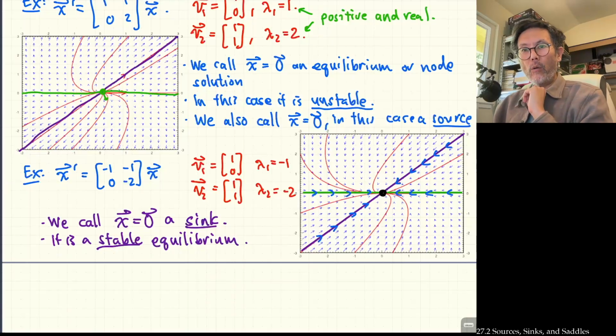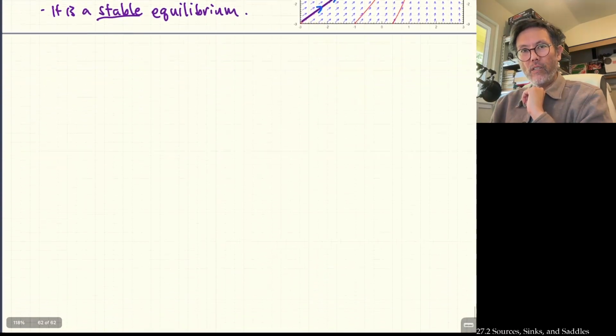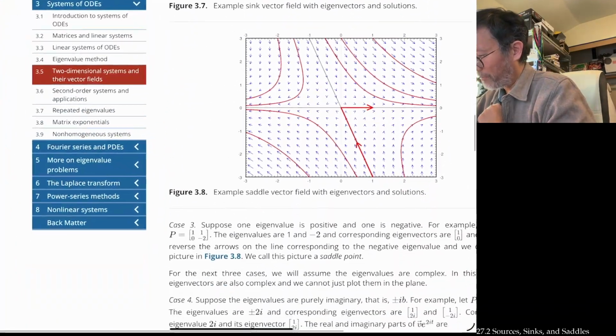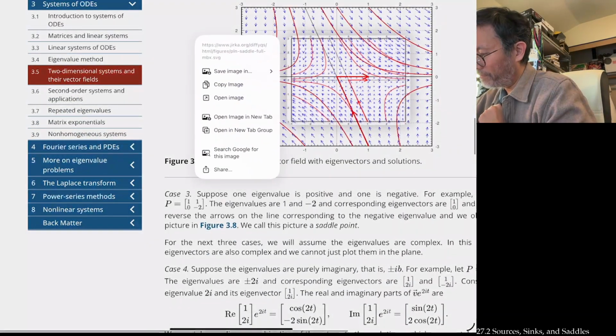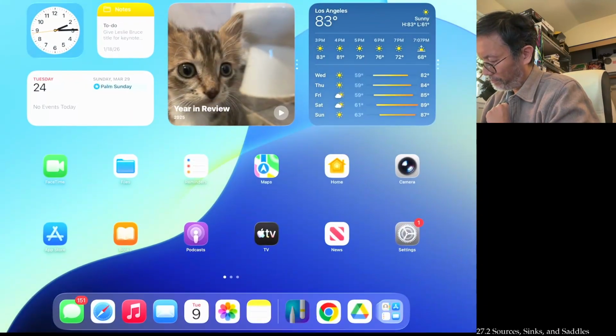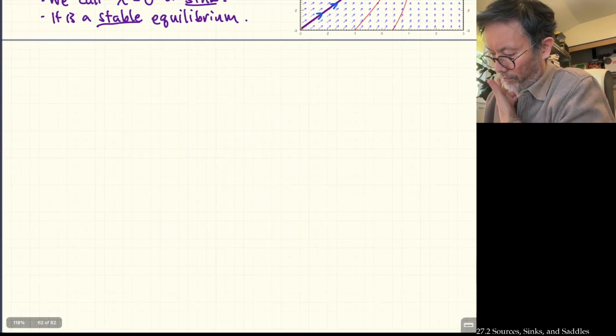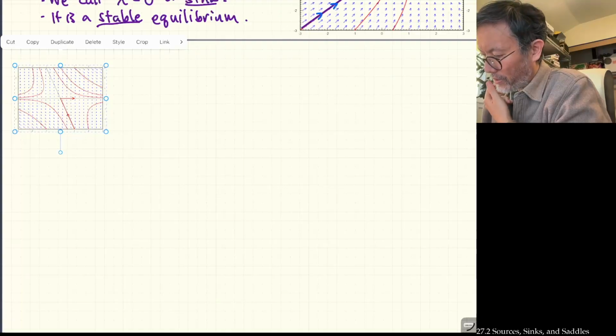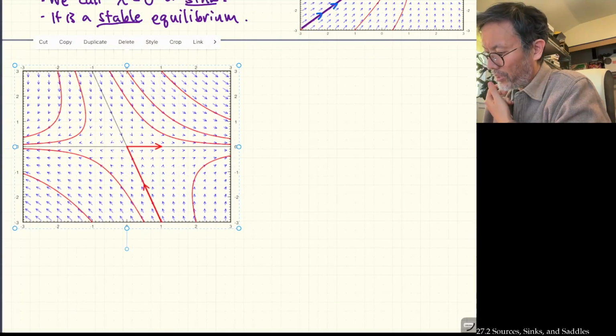There's one more case that I want to talk about before the end of this video, and that's a saddle. And let me just show you an example of that. Here's a saddle. Paste. Allow paste. There we go. Here's a saddle vector field.